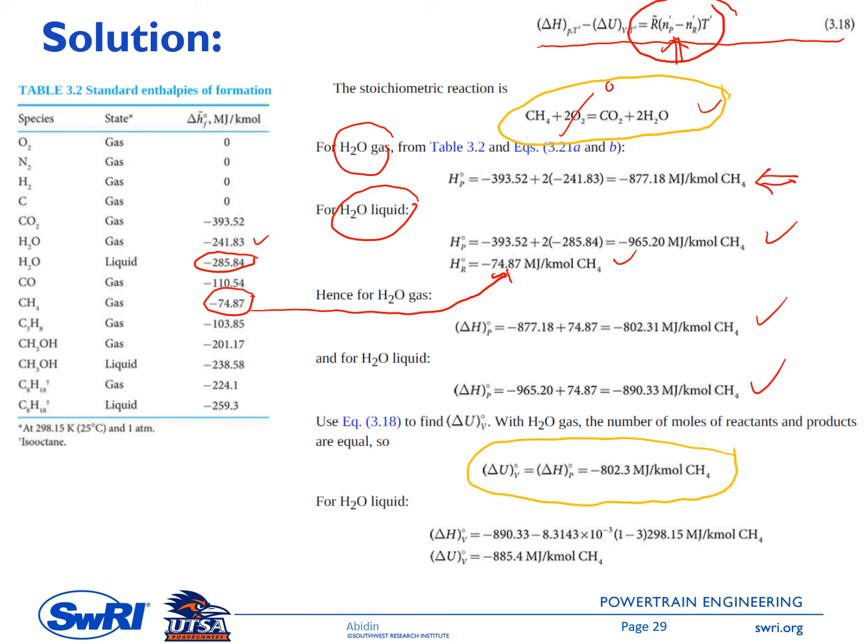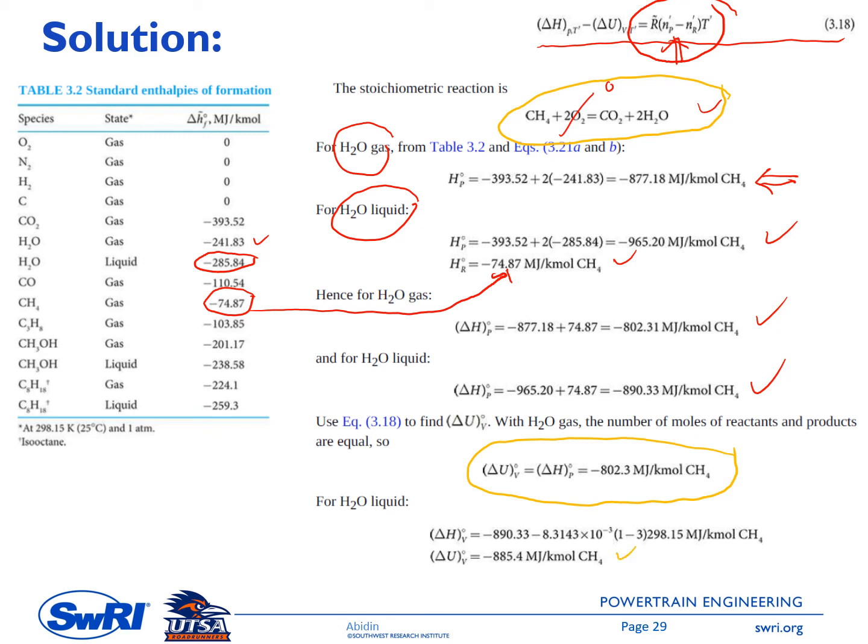This is because NP equals NR. When the water is in liquid phase, then we only have 1 mole in the product and 3 moles in the reactant. Then in this case, delta U does not equal delta H.